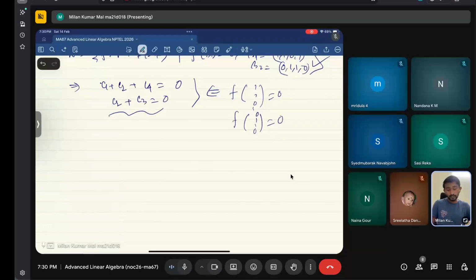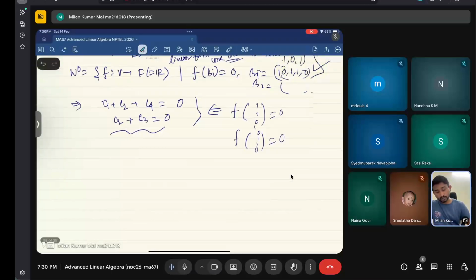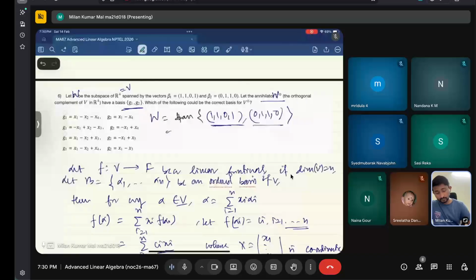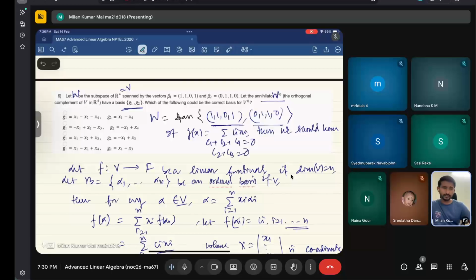So the necessary condition is that if g(x) is the summation of ci xi, then we should have c1 plus c2 plus c4 equal to 0, and c2 plus c3 equal to 0. And these are the necessary conditions.